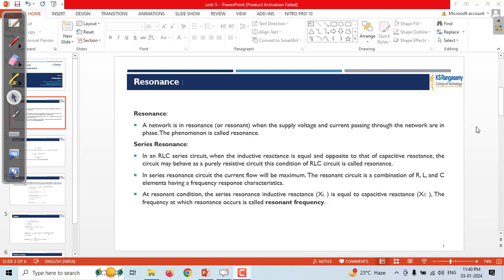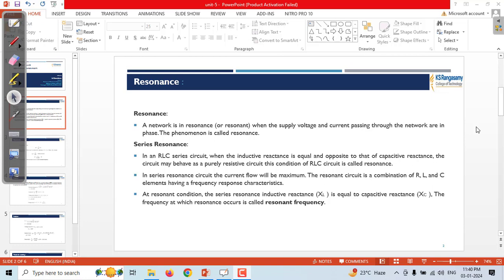So they cancel each other, and the remaining element in the circuit is purely resistive.